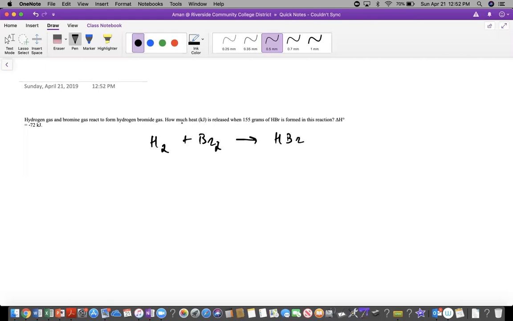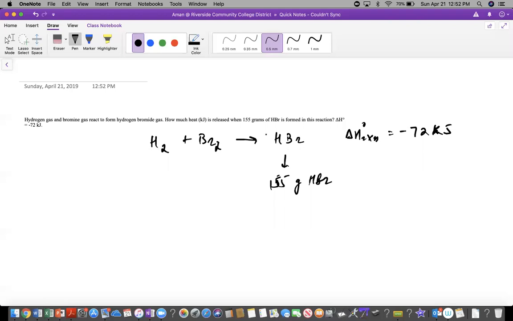How much heat in kilojoules is released when 155 grams of HBr is formed, and you're given that the delta H for the reaction is negative 72 kilojoules. First thing first, we gotta balance this equation.